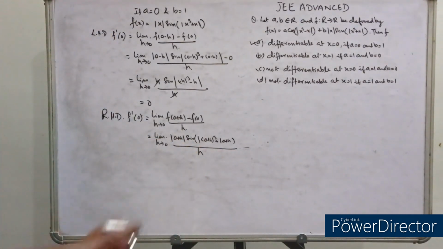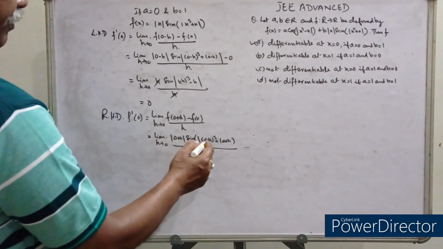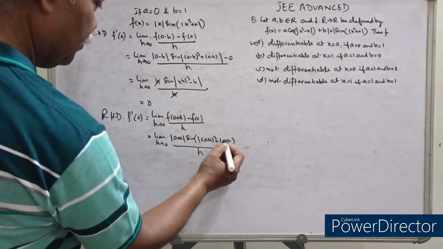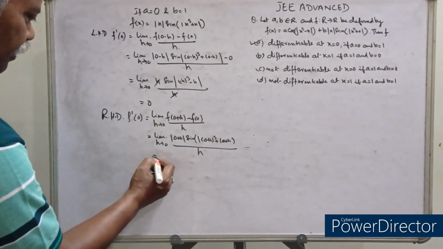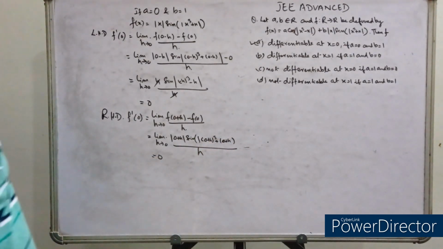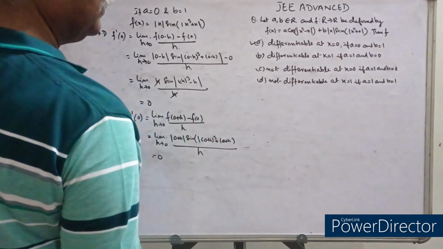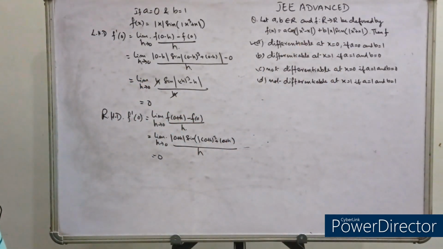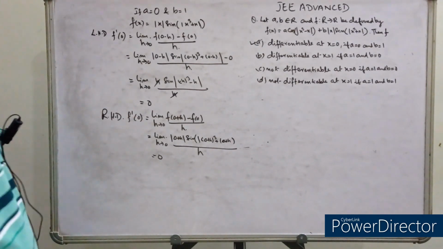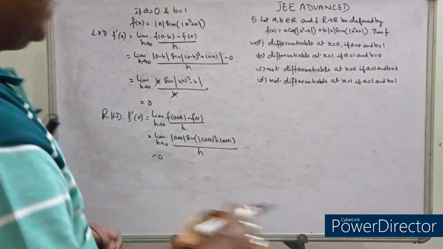Same thing here, h cancels out, and sine 0 will be 0, so the answer will be 0. So this first one is correct, it is differentiable at x = 0.